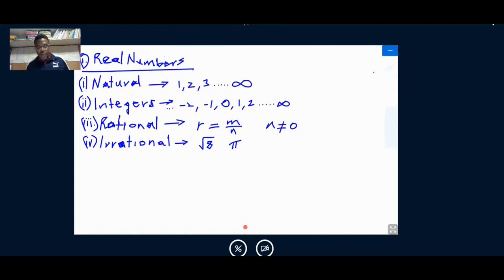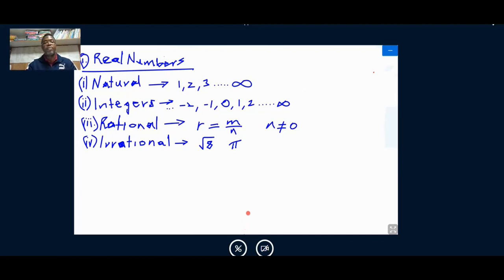We're going to move on and discuss something very important: properties of real numbers. Properties of real numbers are important because they actually tell us what to do in algebra.